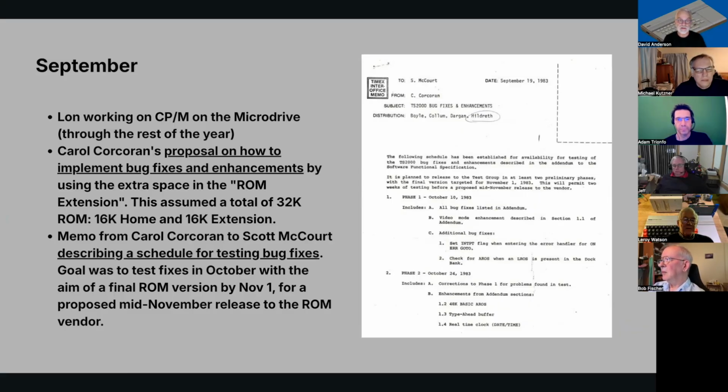And the Spectrum architecture is really not compatible with the way CPM works. CPM expects essentially 64K of RAM. I think the most RAM that I've ever seen in a CPM image is something like 63K of available RAM.